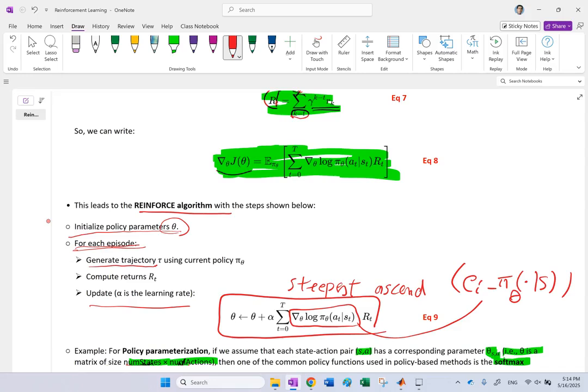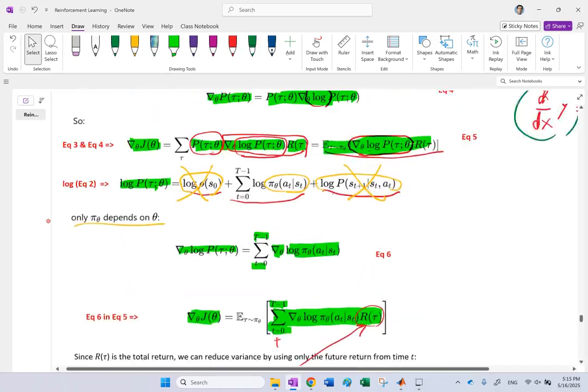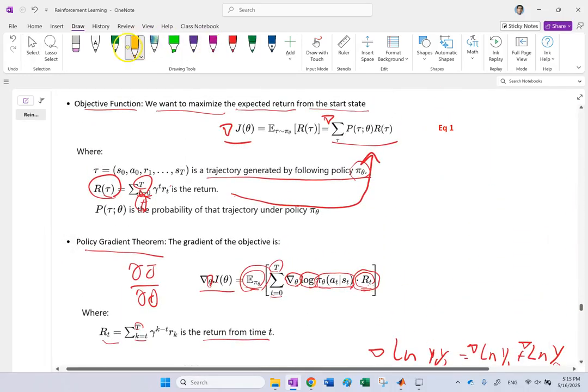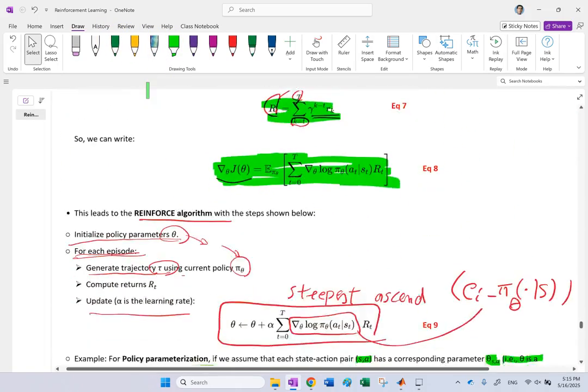Remember, each theta will lead to this pi using the Softmax function. And that will tell you at each state which one of them is the maximum. So you follow that action, it gives you the new state, and you keep going until the end, wherever you end, and that will give you a trajectory, correct? So you have to simulate it all the way to the end. You have to do the whole simulation to the end.